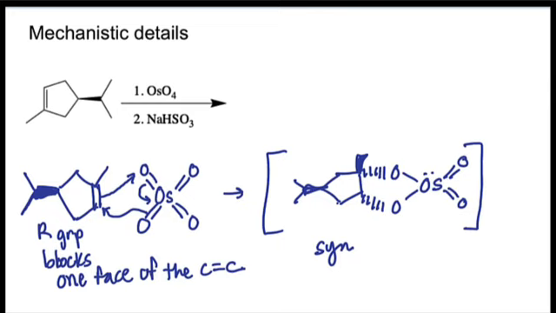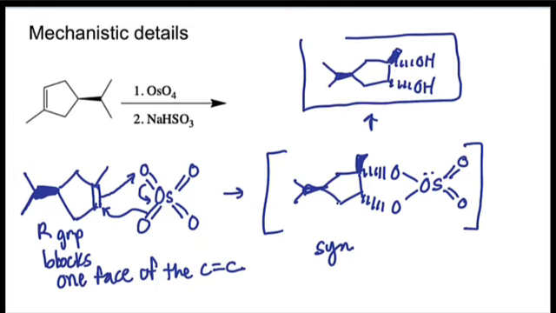And because the osmium tetroxide can approach only from one face, if you have a nearby R group blocking the other face of the alkene, we can see some stereochemical consequences. Okay, and so in this case, we get only this as a major organic product, and it's chiral. Okay, this last part happens in step 2. You don't need to know any details about this step mechanistically or otherwise.